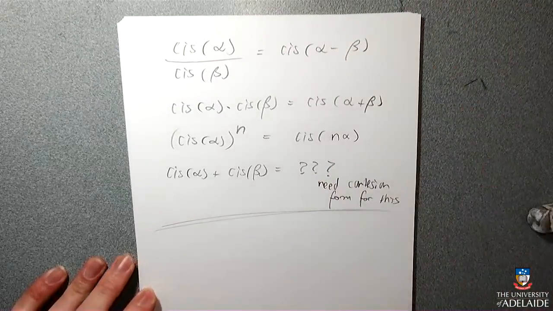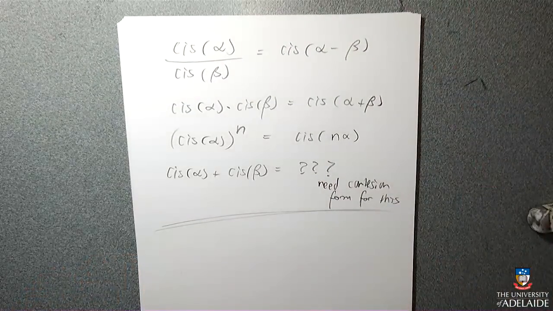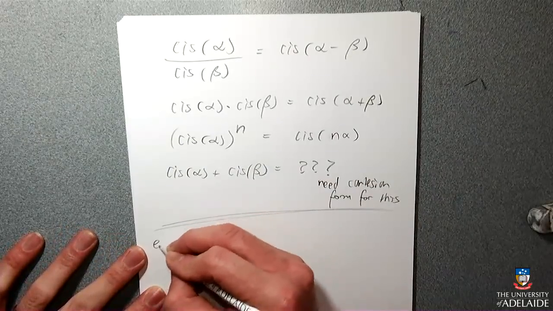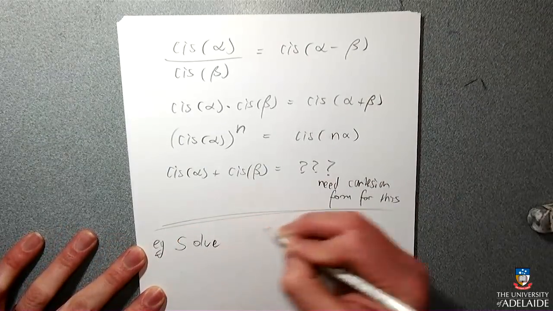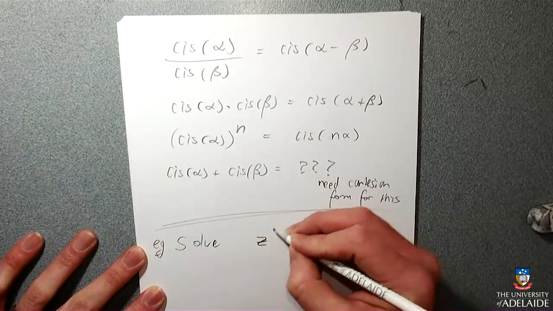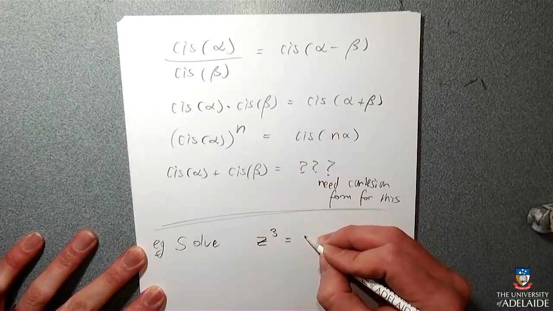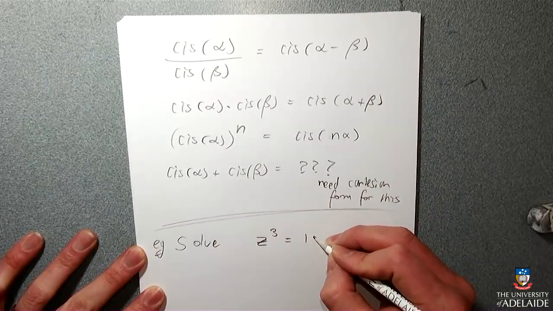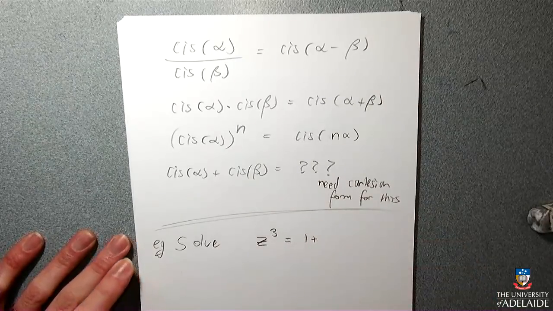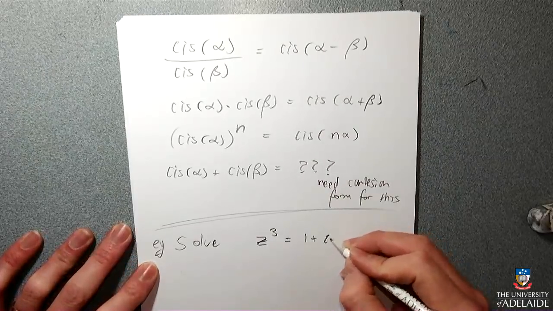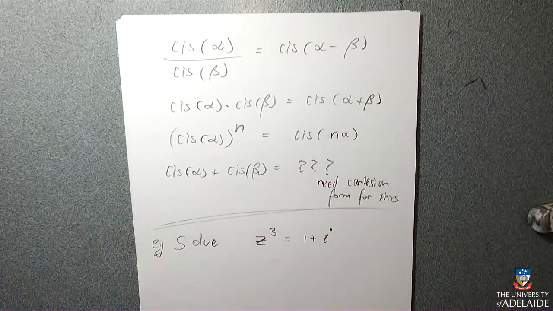Well, we can certainly use it for finding roots of things. Let's solve this equation. z cubed is 1 plus i.